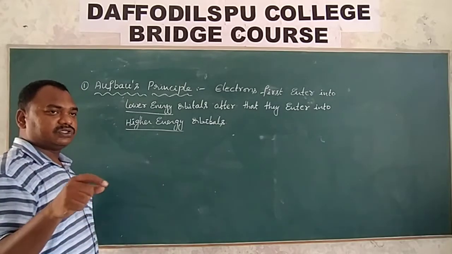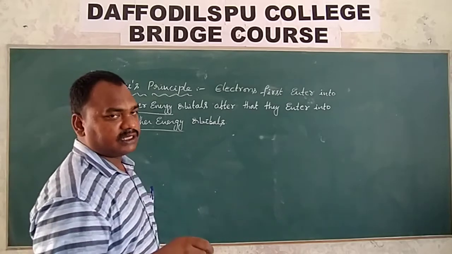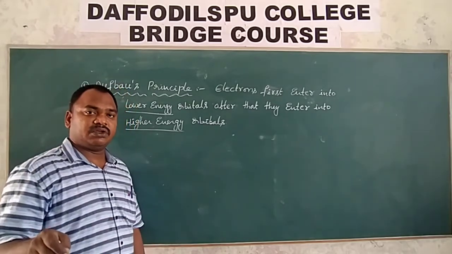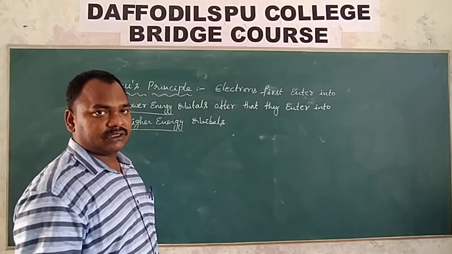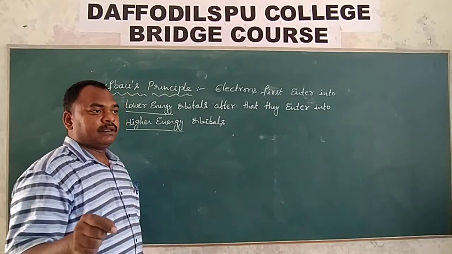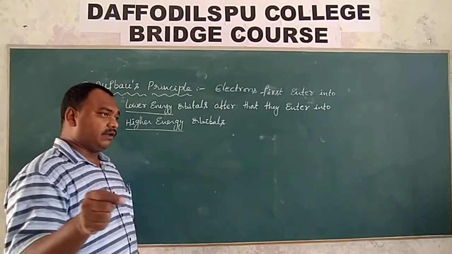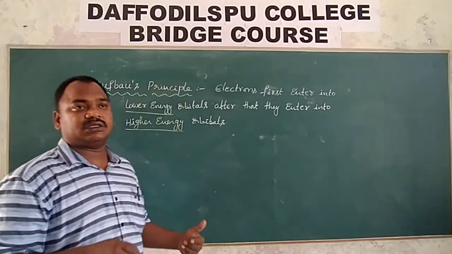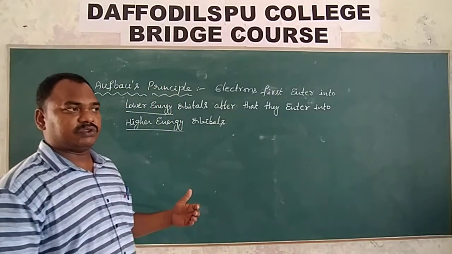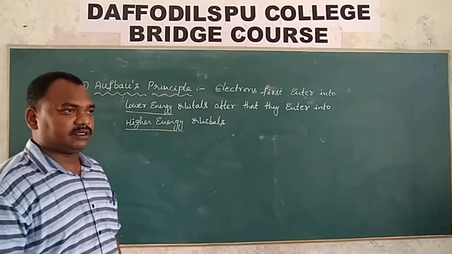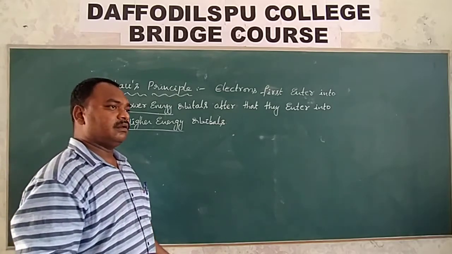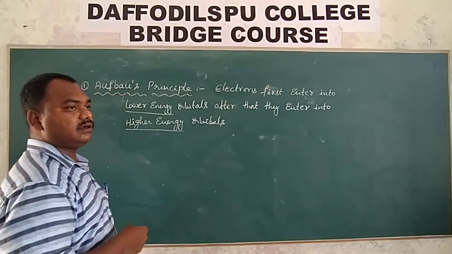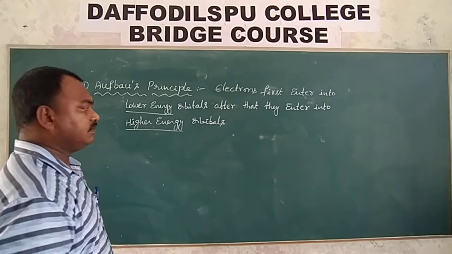After completion of filling of those lower energy orbitals, electrons are going to enter into higher energy orbitals. The first task is to identify which one has the lowest energy. If you know that lowest energy orbital, then you can place the electron in it.